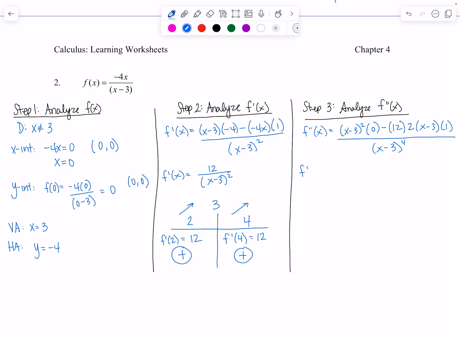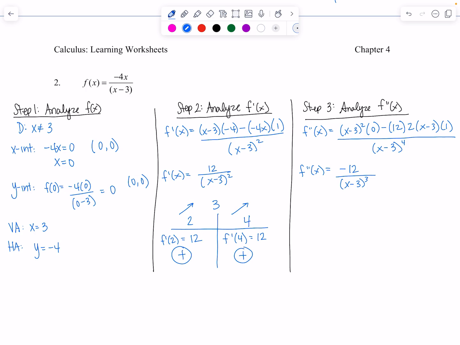Okay, so this will simplify. Negative 24. And if we have an x minus 3 over an x minus 3, then we'll have x minus 3 cubed left.